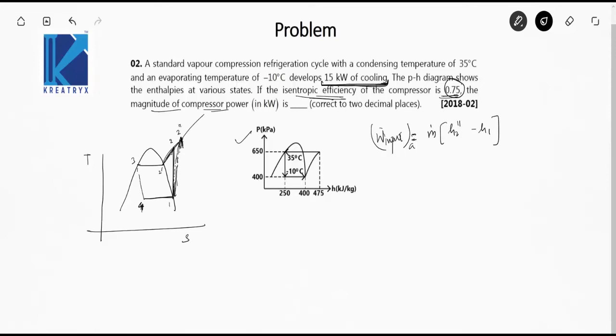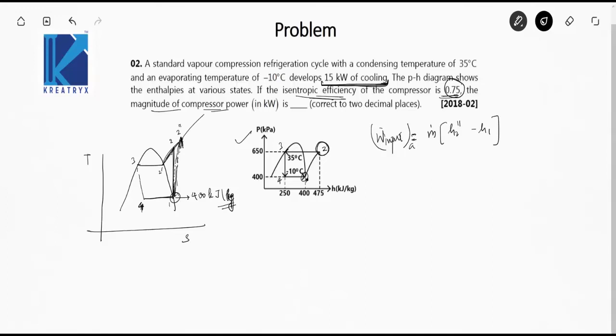From this pH diagram, this point is 1, 1 2 is compression, 3 4 is throttling. At 1 the enthalpy is 400 kilojoule per kilogram, so h1 is 400 kilojoule per kilogram.